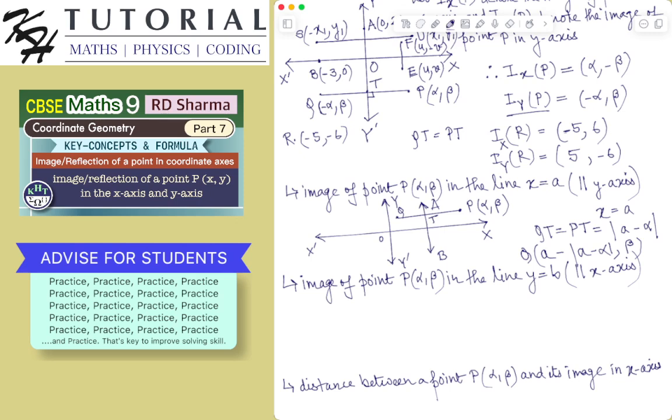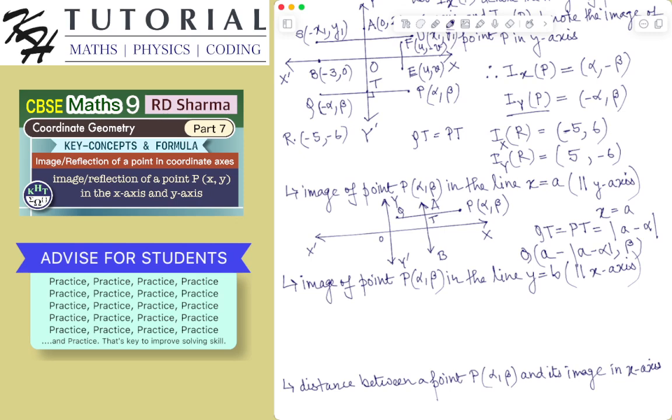So the coordinates of the point Q, which will be the image of the point P in the line AB, is A, where A is coming from the equation of the line AB, x equals A. So A minus the absolute value of A minus alpha, comma beta.